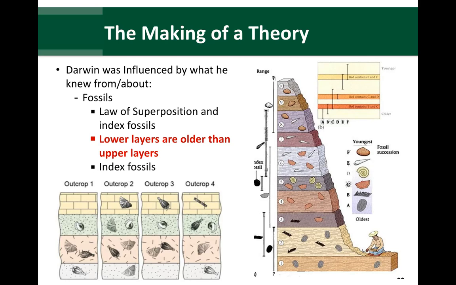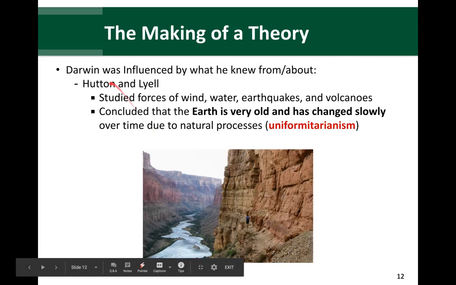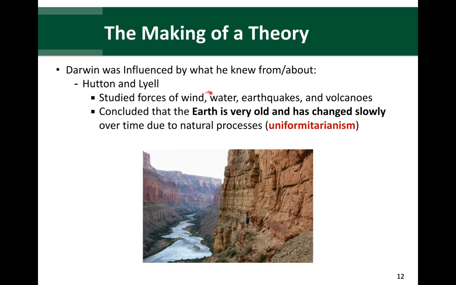So Darwin had a knowledge about fossils, and he was taking that all into account in the formulation of his theory. Darwin also had an understanding of how old the Earth was because these other scientists, Hutton and Lyell, had studied the forces of wind, water, earthquakes, and volcanoes.